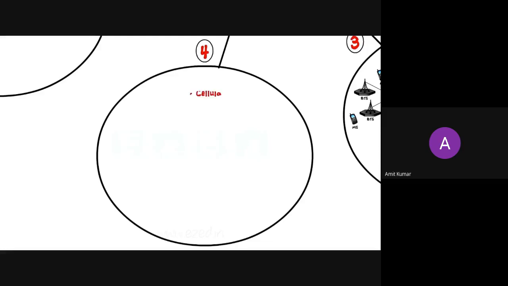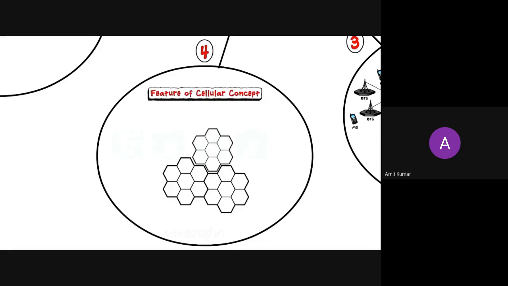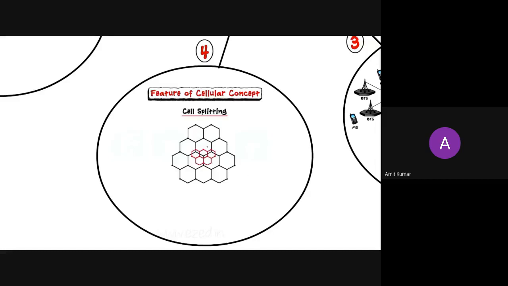Next, we studied features of the cellular concept, such as frequency reuse, in which the same set of frequencies are used for radio channels located in different areas, and cell splitting, where each cell is divided into smaller cells known as microcells.